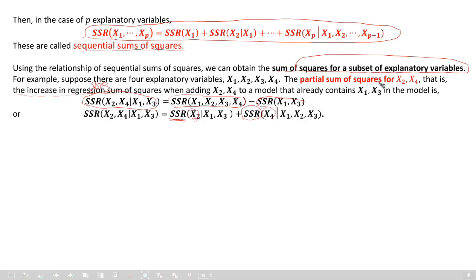Why do we need this kind of thing? For testing the hypothesis beta 2 and beta 4 equal to 0, that is, both x2 and x4 are unnecessary in the model, we need the partial sum of squares to test this kind of partial hypothesis.